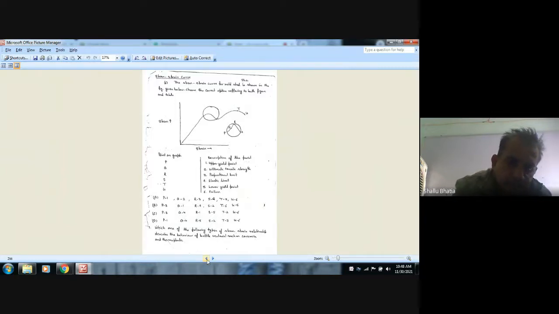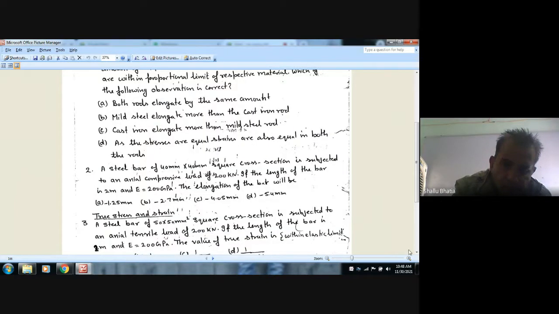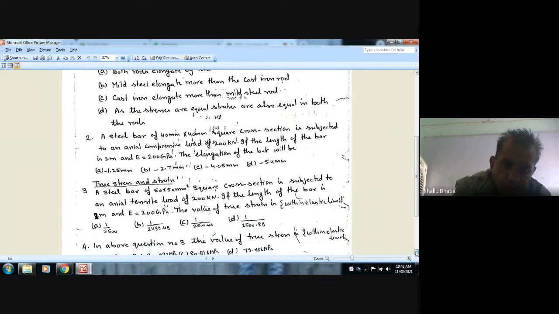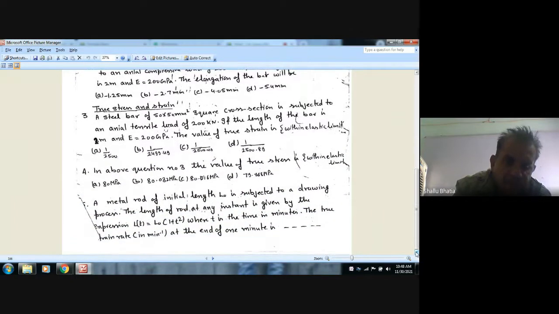So next question is: a metal rod of initial length L0 is subjected to a drawing process. The length of the rod at any instant is given by the expression Lt is equal to L0 into (1 plus t square), where t is the time in minute.